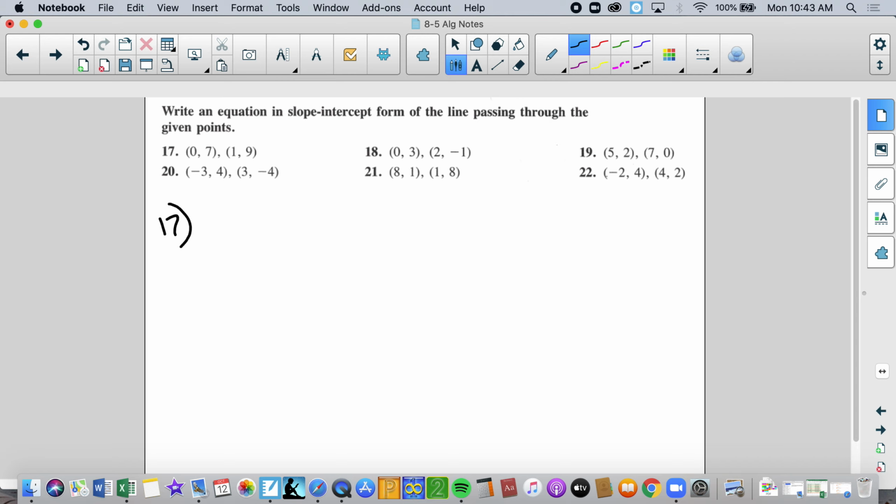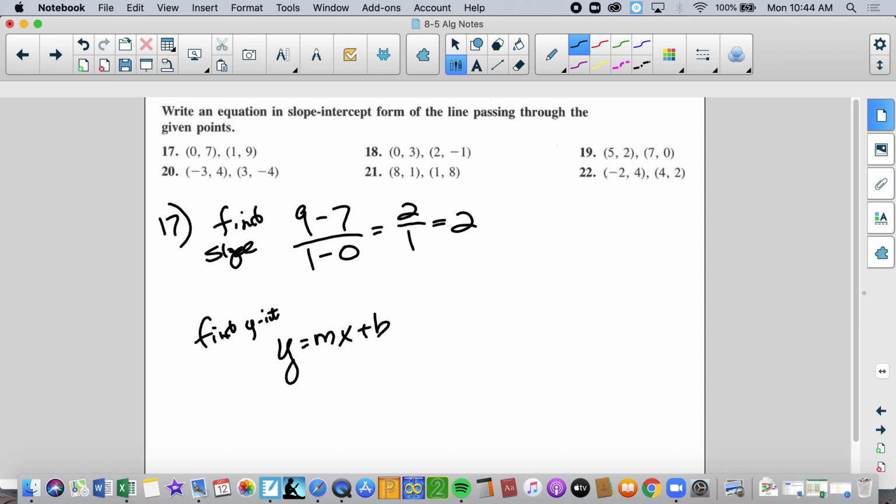So the first thing we have to do is find the slope. We have 2 points, (0, 7) and (1, 9), so we're going to take our y sub 2 minus our y sub 1 over x sub 2 minus x sub 1, and you get 2 over 1, or 2. Now we have to find the y-intercept. So we use the template. Let's use the first point.